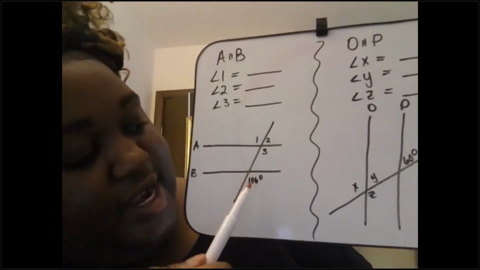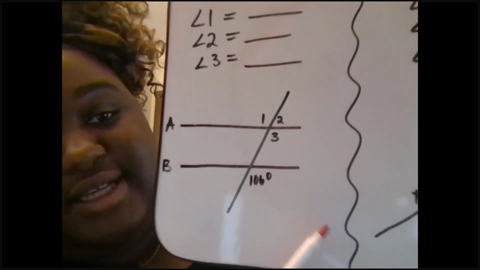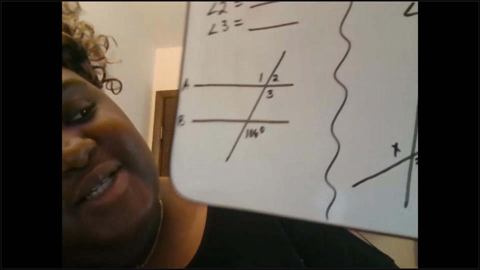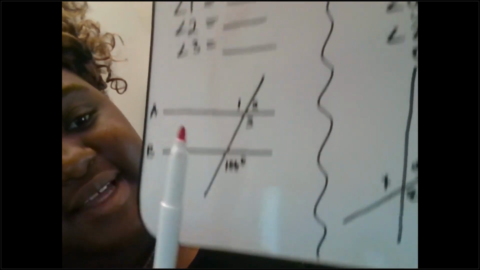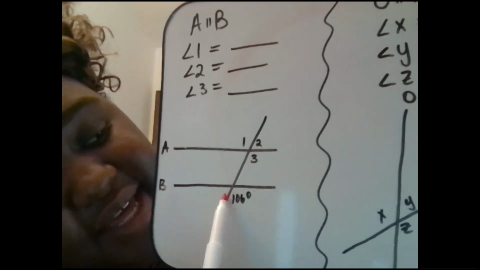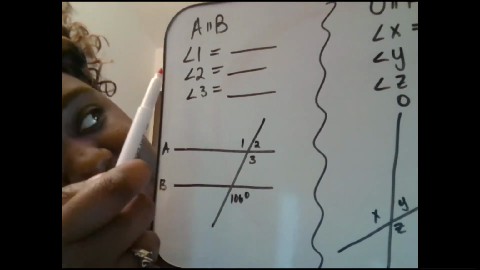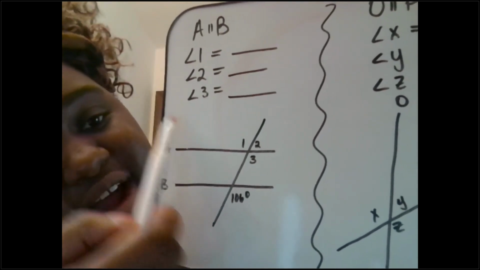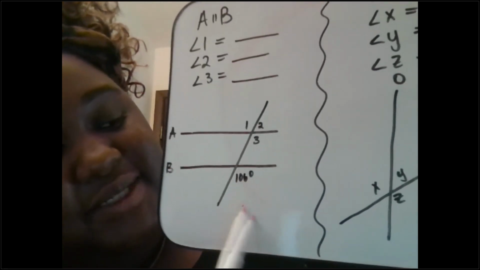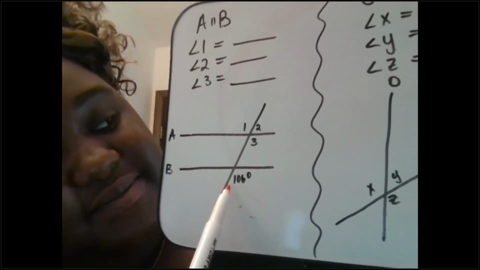And they gave us one angle that's 106 degrees. I know I wrote kind of small, so hopefully you can see that. And we can figure out what those are with that one angle that they gave us, which is 106 degrees.